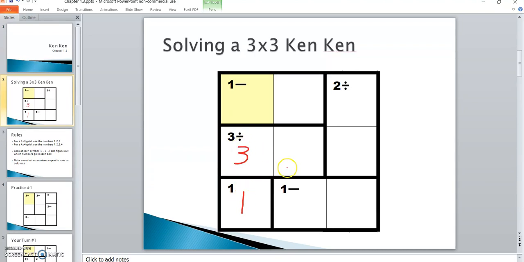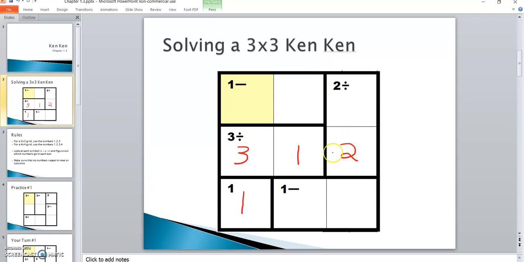So I'm going to put a 3 there and a 1 right there. And that means that this square is going to need to be a 2. Because I can only use the numbers 1, 2, and 3, and I have already used the 3 and the 1, so I'm left with the 2.